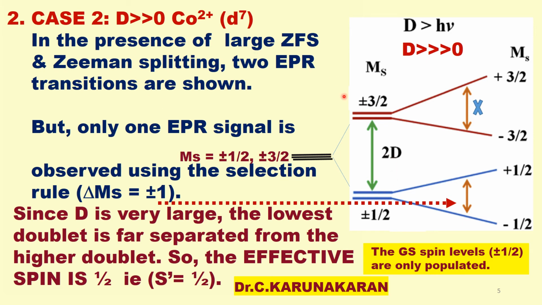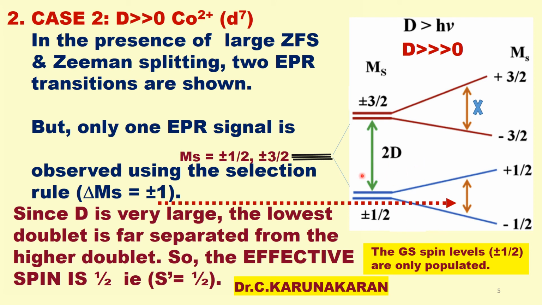In the presence of large zero field splitting, it splits into 2 levels, and further in the presence of Zeeman splitting, it splits into 4 levels. Using the EPR selection rule, delta Ms equal to plus or minus 1, only one transition is observed. Using the selection rule, only one EPR signal is observed.